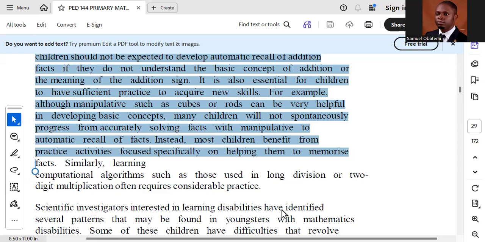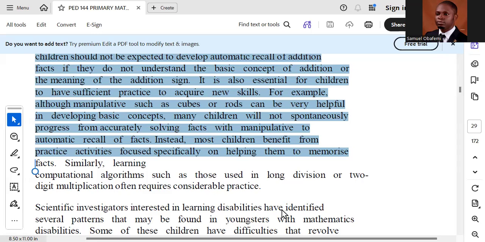The next effective way of teaching kindergarten through primary 4 mathematics is, okay, excuse me, verbal problem solving.